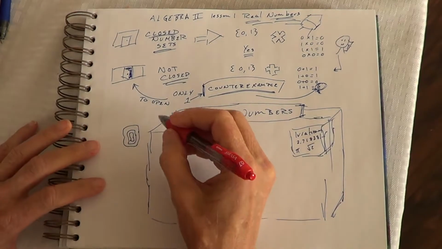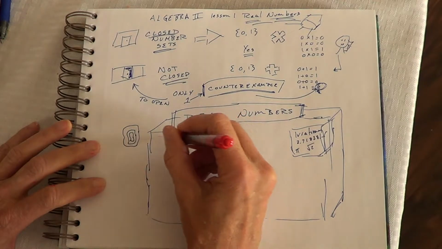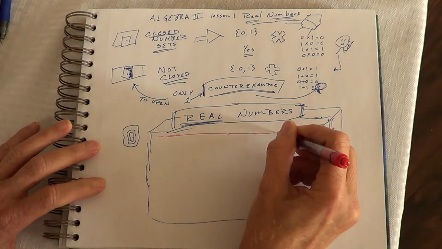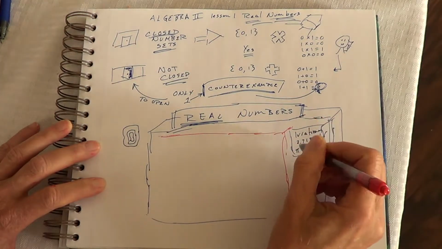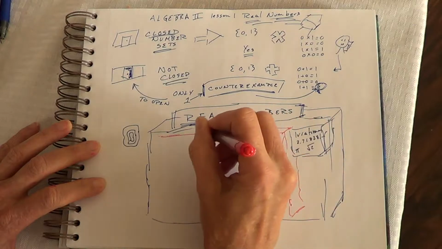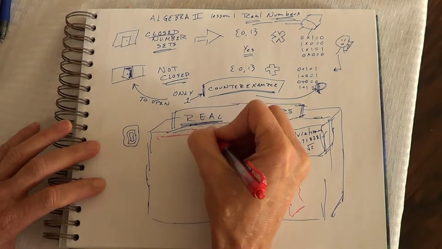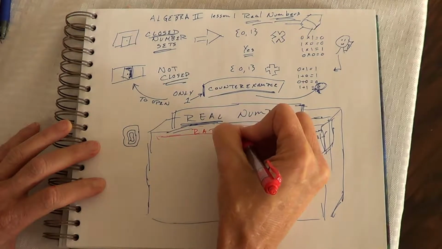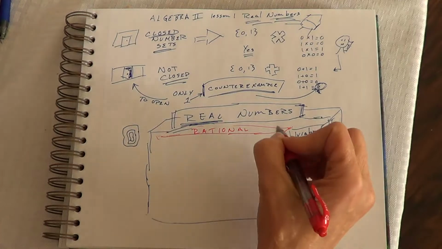Now on this other part is another big box. Inside this box is what we have as rational. These are the rationals. Pretty predictable. They don't go on without a pattern.